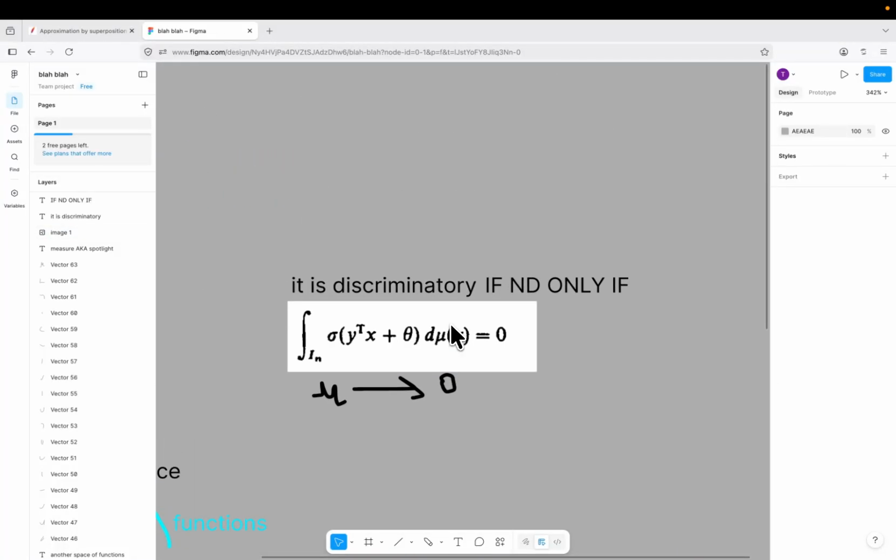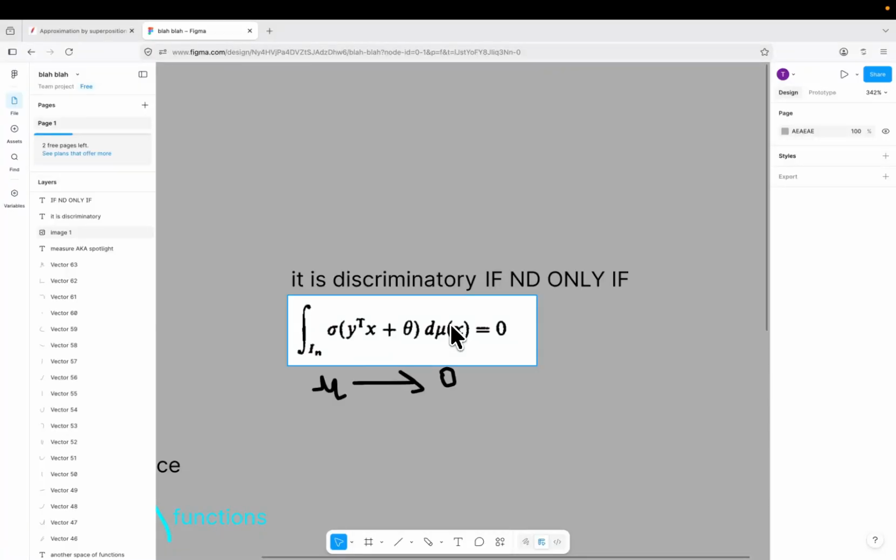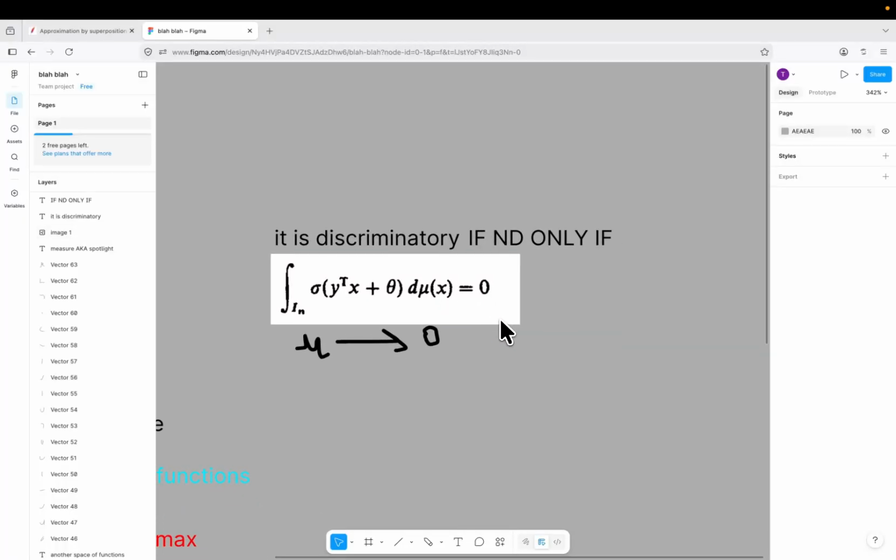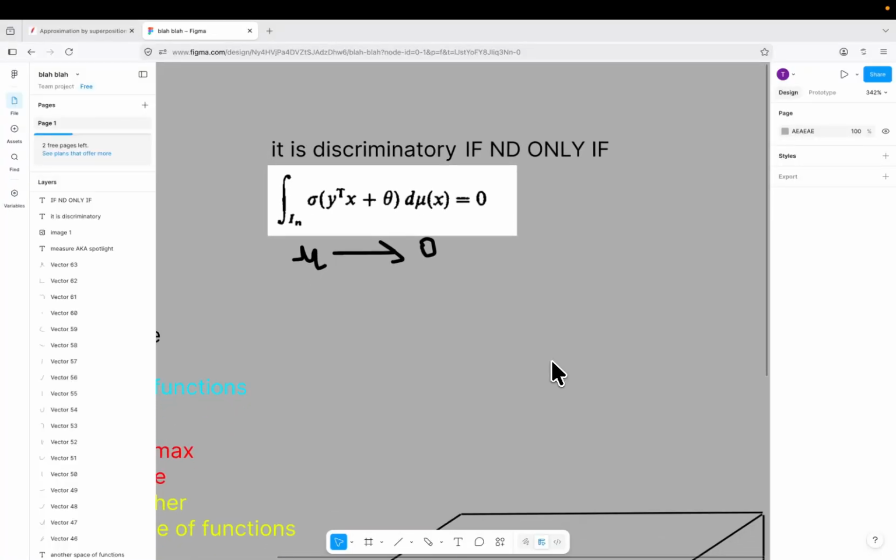That's a key thing, you must understand it right now. Again, one more time. The only mu that can distinguish sigmoids from non-sigmoids is 0, so it's meaningless. So there is no actually useful mu that can distinguish sigmoids from non-sigmoids.